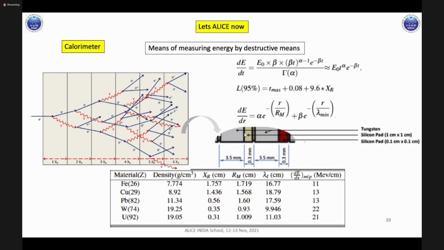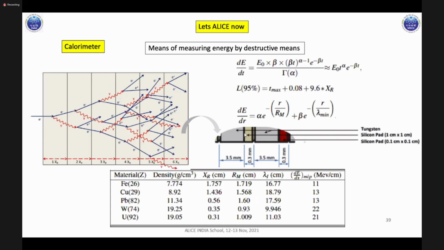In the left-hand side schematic, I have plotted a few layers. Each layer consists of an absorber, then a detector, then electronics, and so on. The absorber is necessary to convert one electron into many electrons and photons. This is the requirement for the absorber. And then you need to put in a detector to sense these particles.